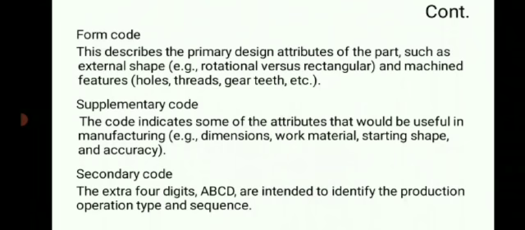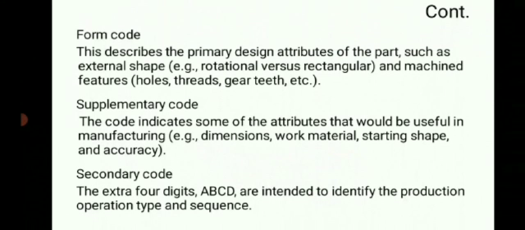What is the form code? The form code describes the primary design attributes of the part, such as external shape and machined features. External shape means rotational versus rectangular. Machined features means holes, threads, gear teeth, step turning, etc.